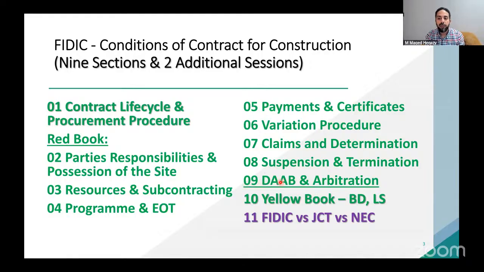Finally, we went to the DAAB, dispute avoidance and adjudication board, and arbitration. Then we had two sessions, one for the Yellow Book, which is design, build, and lump sum contract, and today's session is about FIDIC versus GCT and NEC.